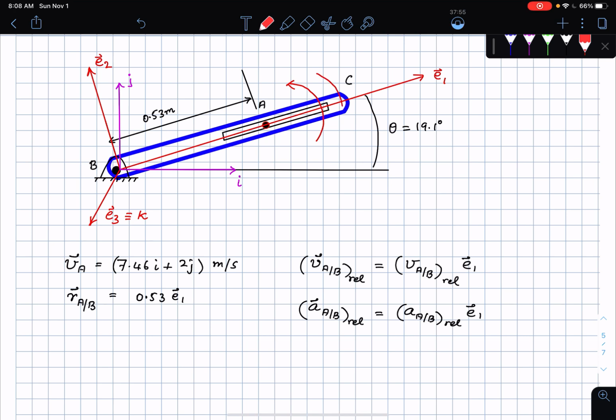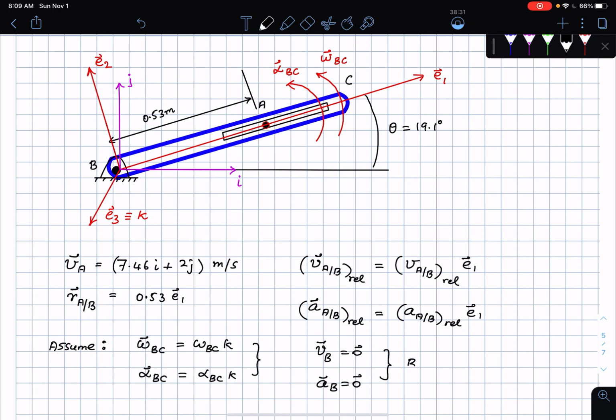So this is omega BC, this is alpha BC, and I'm going to assume that omega BC is omega BC K and alpha BC is alpha BC in the K direction. And I know that the velocity of B is 0 because it's a fixed point. The acceleration of B is also 0 because B is a fixed point.